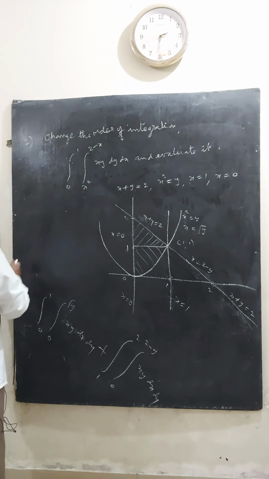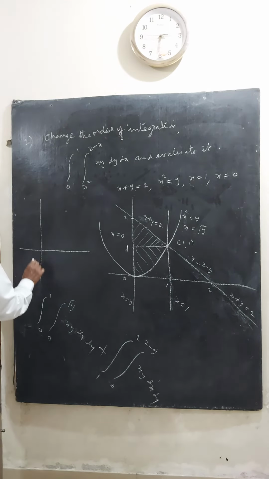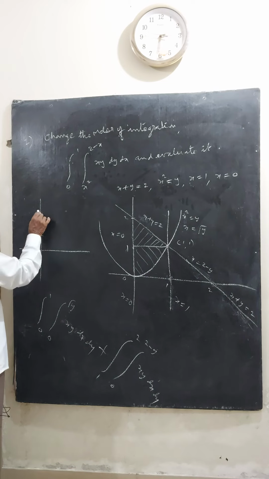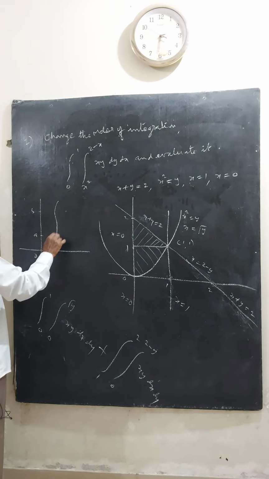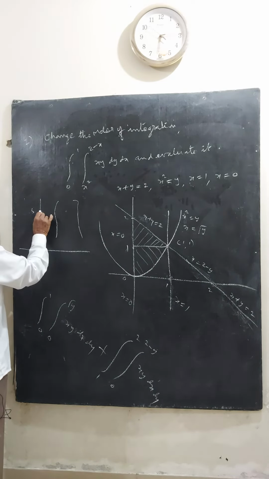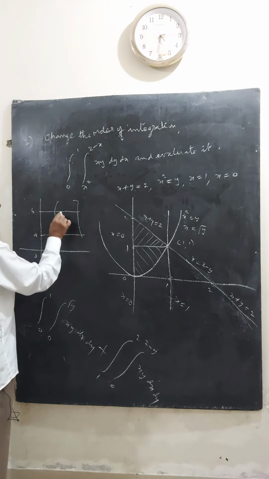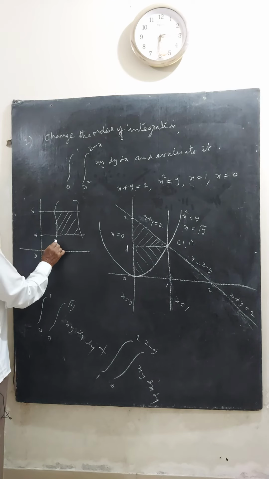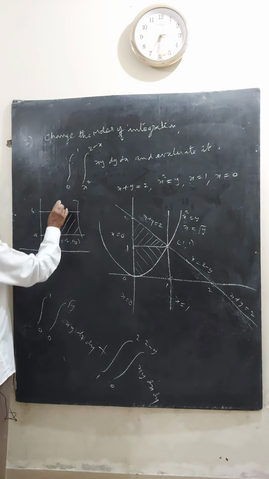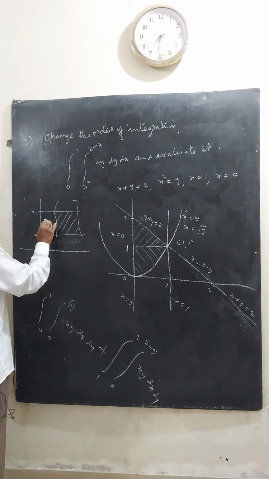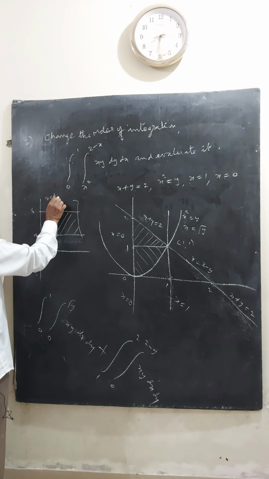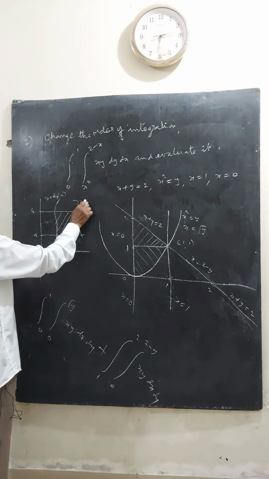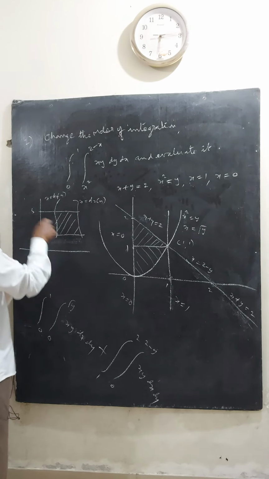Similarly, if you take limits on the y-axis, a to b, there are curves. This is the region. This curve is x equal to f1 of y, and this curve is x equal to f2 of y.